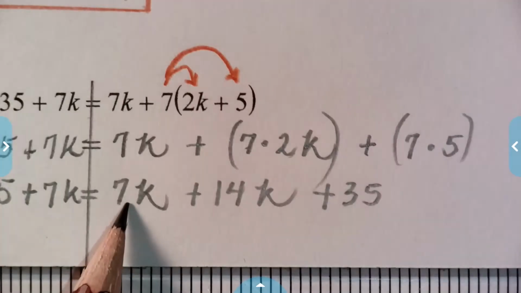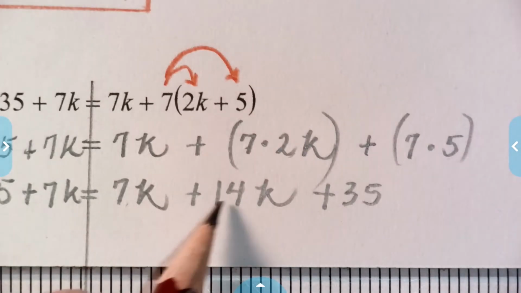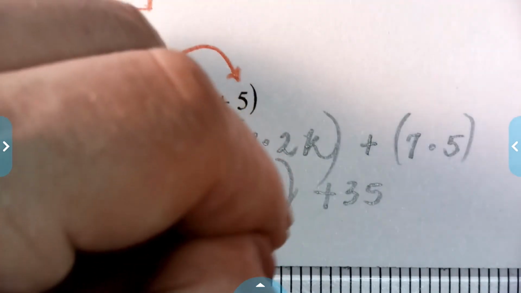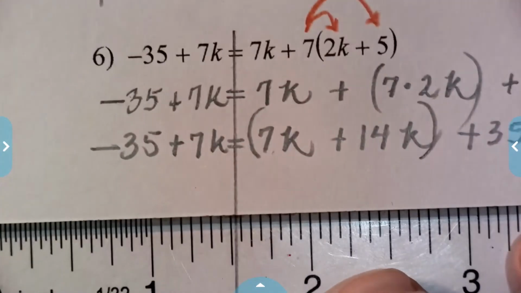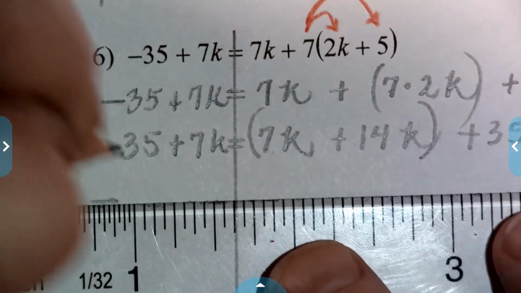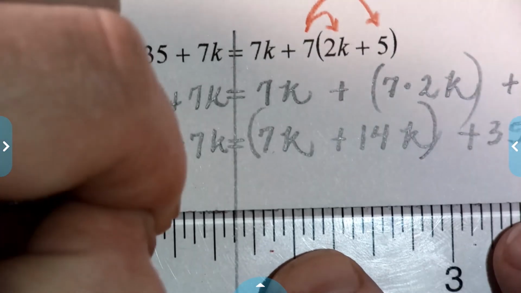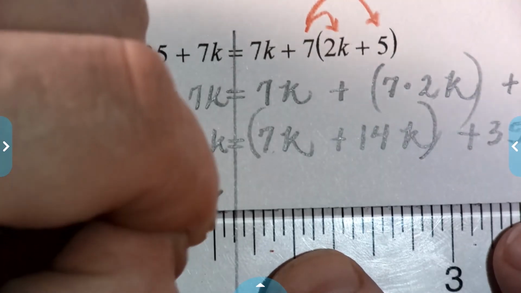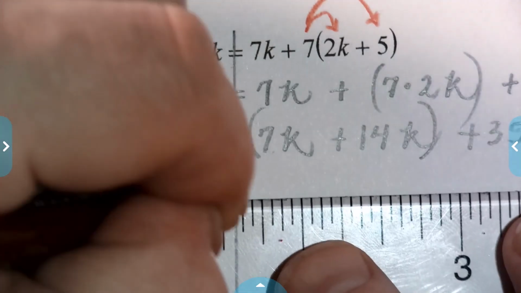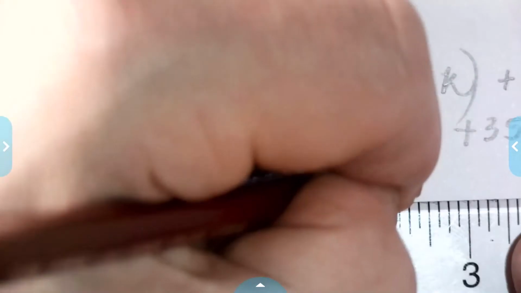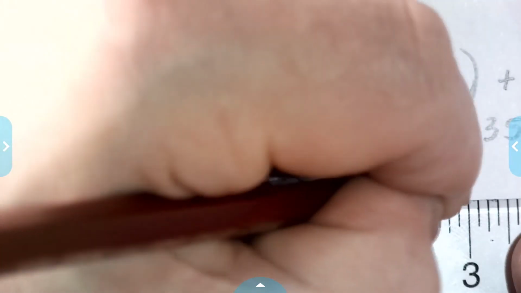Well, we can add 7k and 14k, make 21k. All right, so we can group these and add those together. So we'll just rewrite the left side. Again, nothing changed. Negative 35 plus 7k equals 21k plus 35.